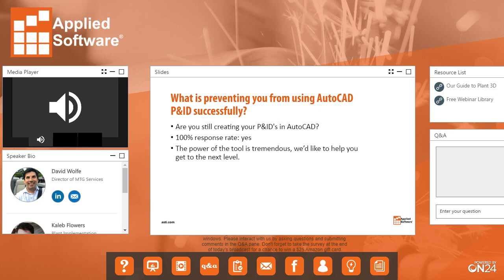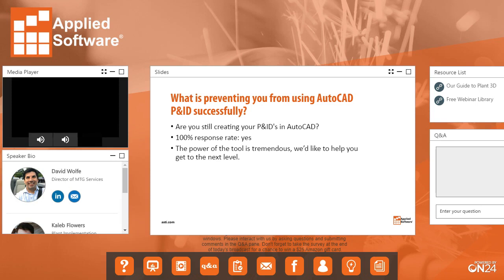Kaleb, you want to talk a little bit about some of the things that you've seen as far as implementing P&ID? Sure. So it seems like there's a lot of backlog of people having just regular P&IDs in AutoCAD as opposed to having them in Plant 3D. They can be transferred over to what we'll call intelligent P&IDs, but it could take a significant amount of time.